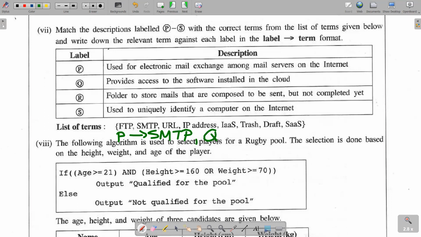So that is software as a service, SaaS. And R: folder to store mail that is composed to be sent but not completed yet. So R goes with the draft.